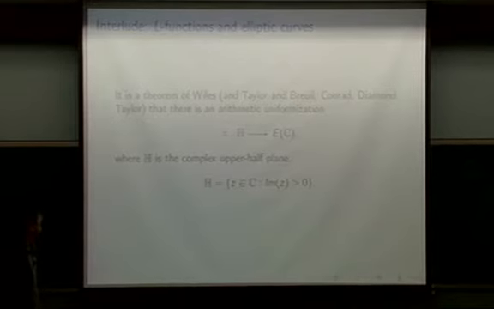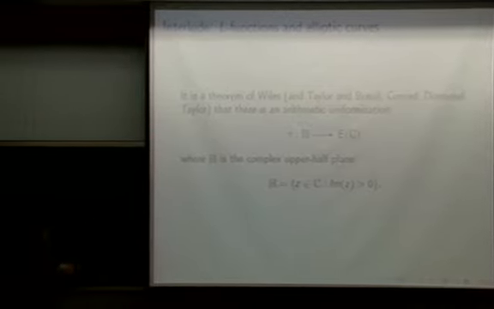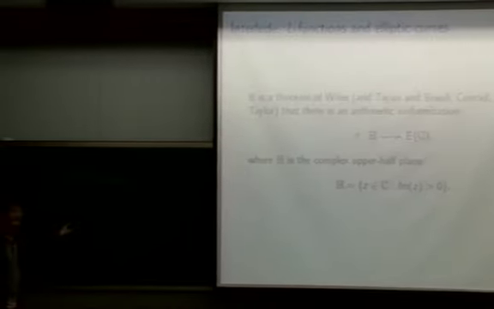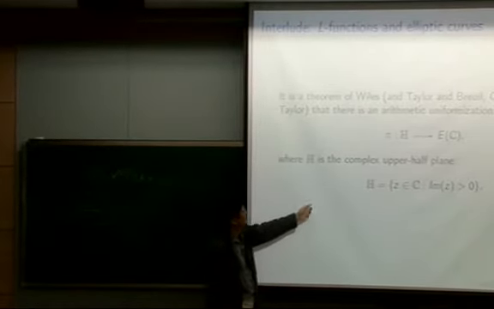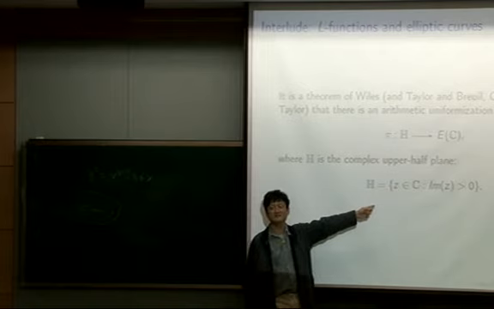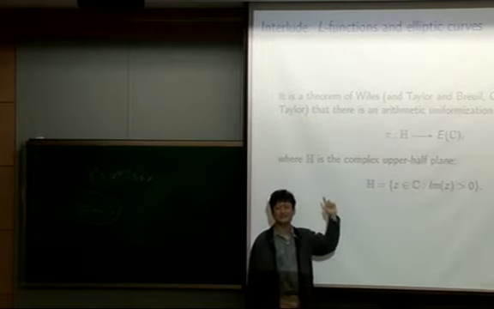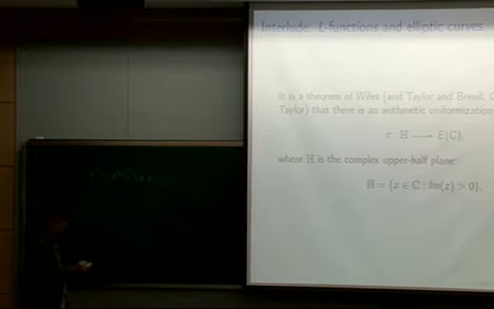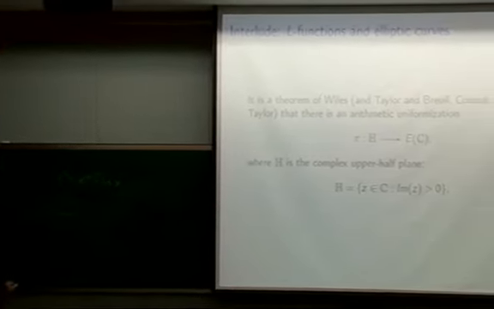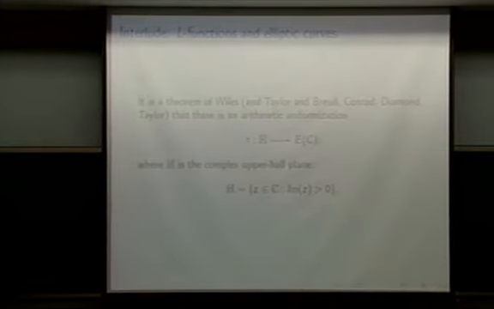The main theorem is that for certain equations of this sort, the complex solutions, which look like a torus, can be uniformized. There's a complex analytic surjective map from the complex upper half plane for any such thing. Except there's one other thing. This uniformization from the upper half plane has just a little property, which I'm referring to as arithmetic uniformization.